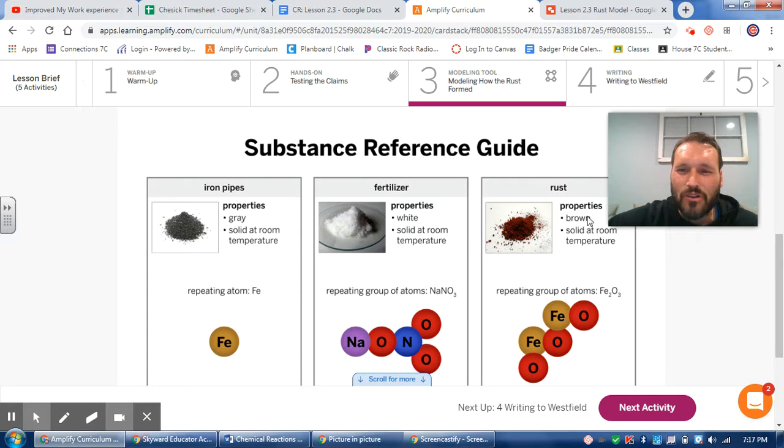But after we took atoms from each of those, we ended up with this brown substance called rust. So that's an interesting property for it to change that much. But remember, different substances have different properties. And this particular arrangement of repeating group of atoms, when we get enough of those together, ends up being a brown color. It's very interesting.